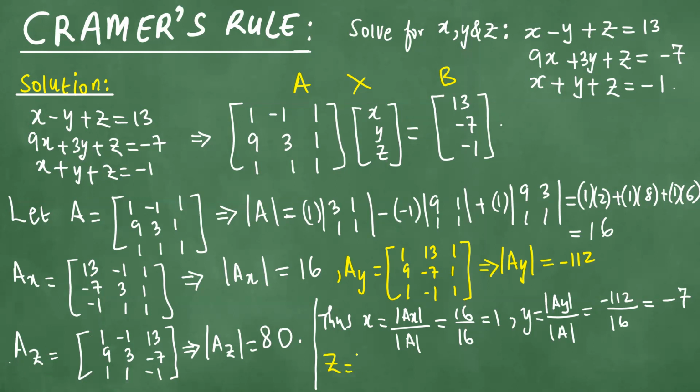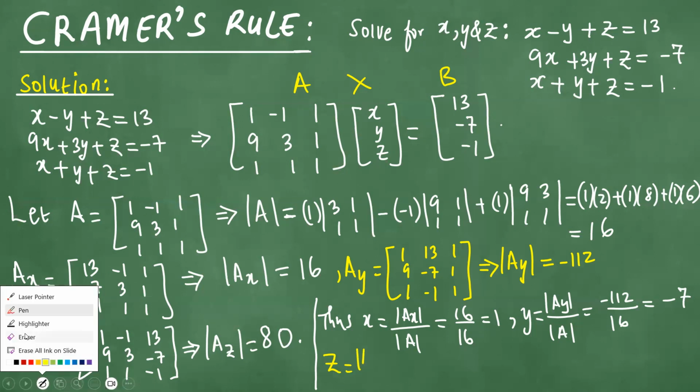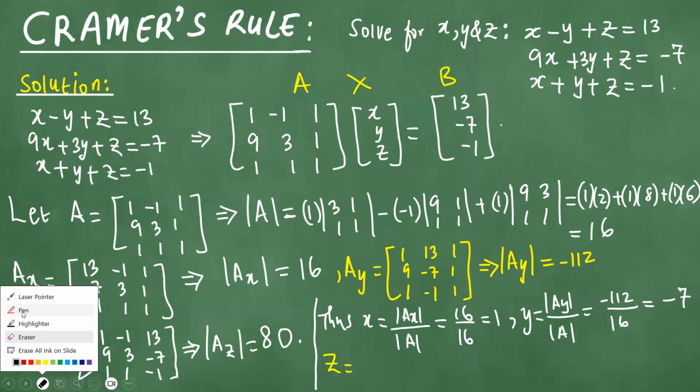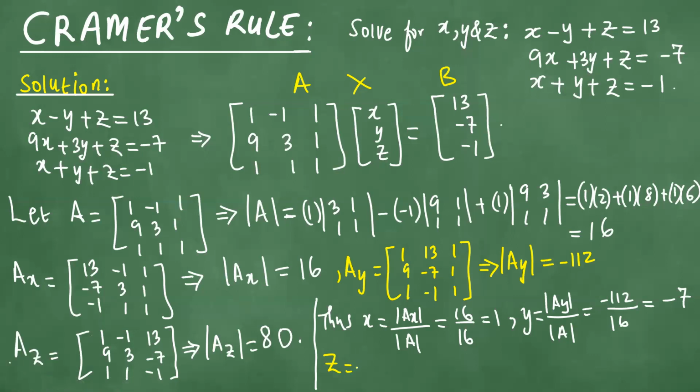The numerical value of Z is the determinant of A sub Z divided by the determinant of A. So we write that down. What is the determinant of A sub Z? 80. The determinant of A is 16, and the result is plus 5.